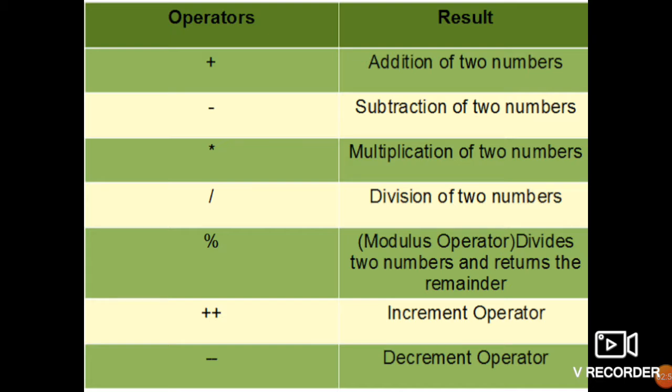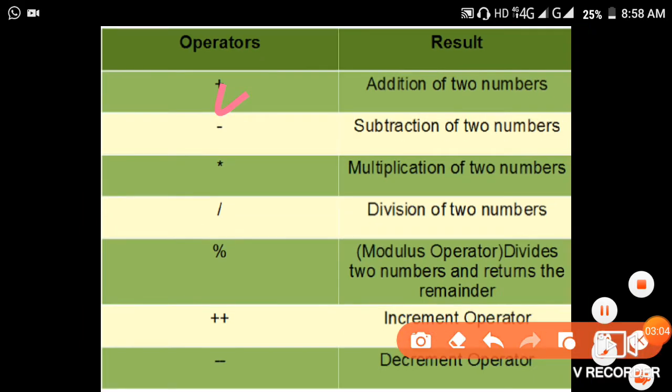Now, this is a chart of the arithmetic operators which we use to perform calculation. The first is addition. This is the plus sign. The second is subtraction. Third is multiplication. Fourth is division.